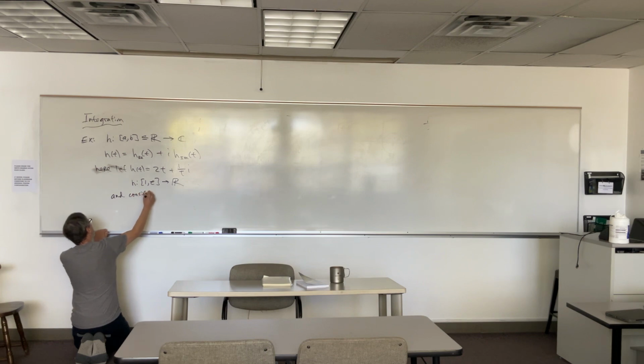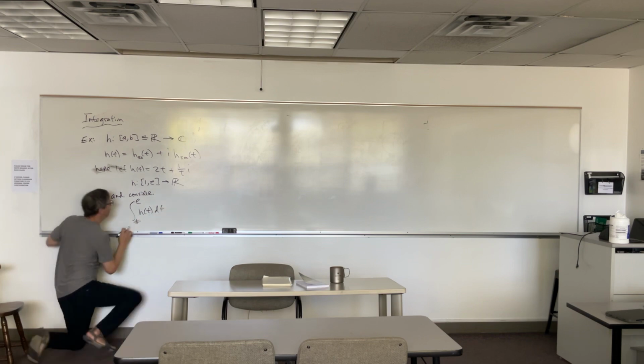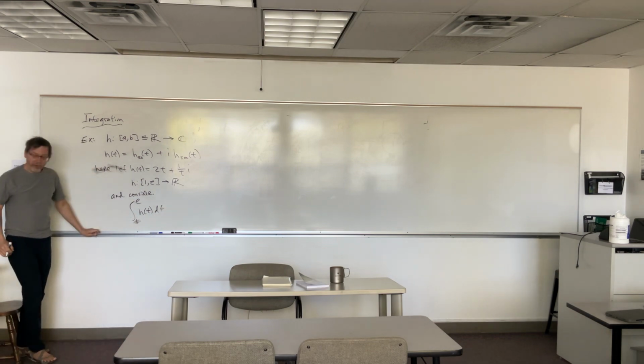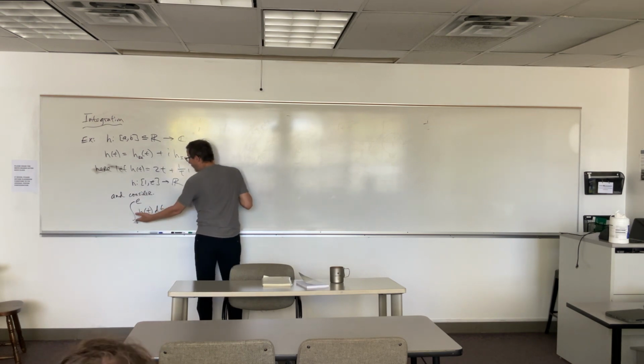Consider the integral as t moves from 1 to e of h of t dt. So just a good old integral. This is like Calc 1. Nothing freaky here, nothing weird going on. How would you do this in Calc 1?